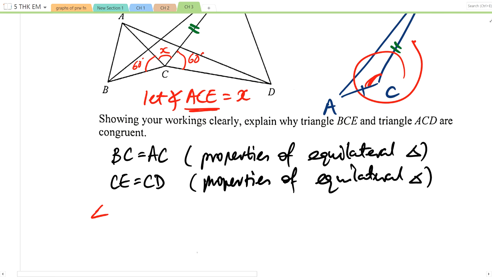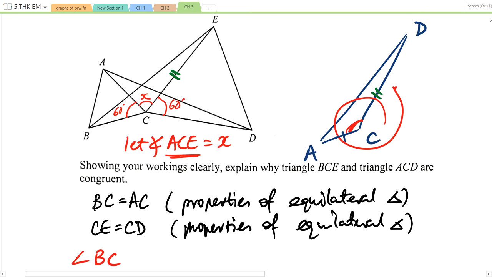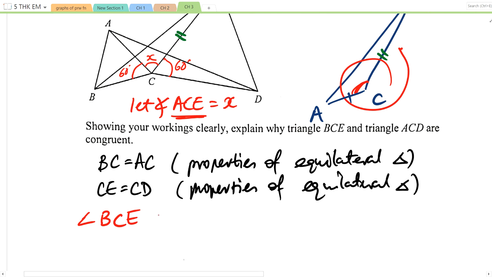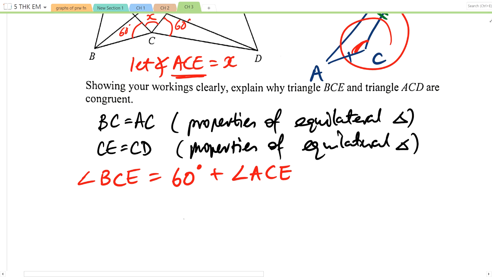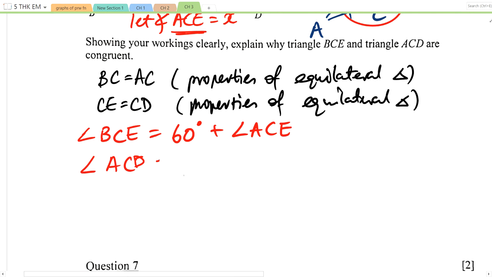Angle for this triangle on the left, BCE, is equals to 60 plus angle ACE. And on the other side, the other triangle, angle ACD is also equals to 60 degrees plus angle ACE. So I conclude that this is equal to angle BCE.